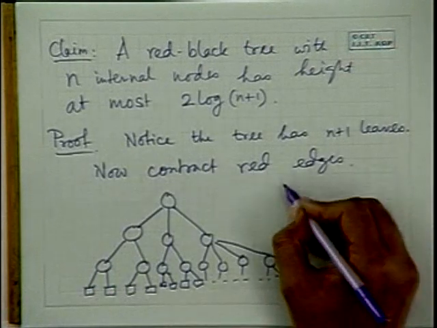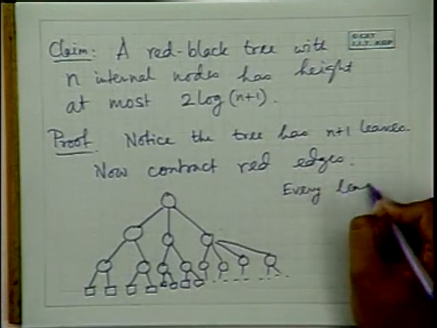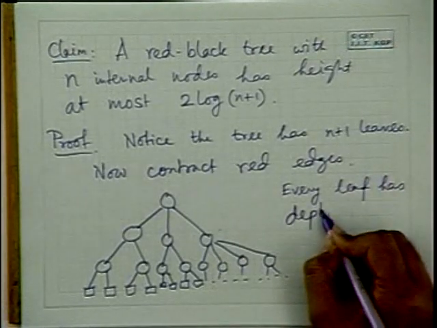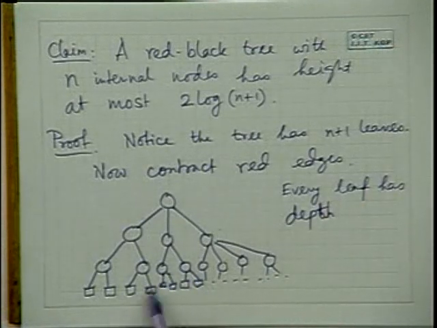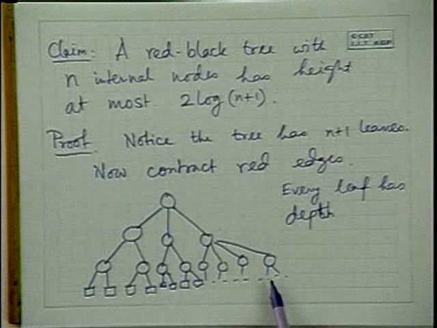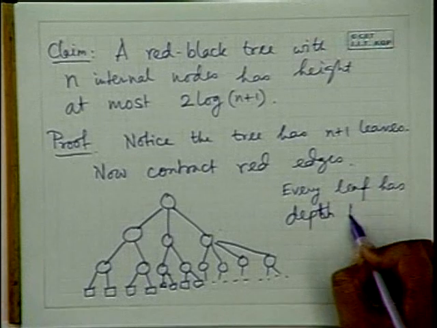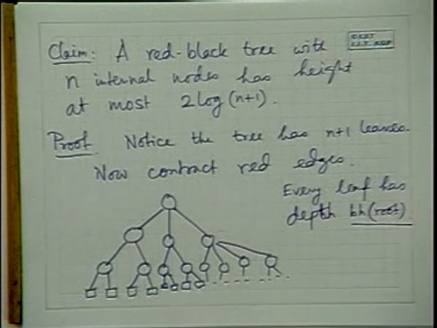Now we know from the property, let us look into this tree. Every leaf has what depth? I drew this example with 3, but in general it should be the black height of the original tree. That should be the depth of any leaf because of the third property. So every leaf has depth BH of root.